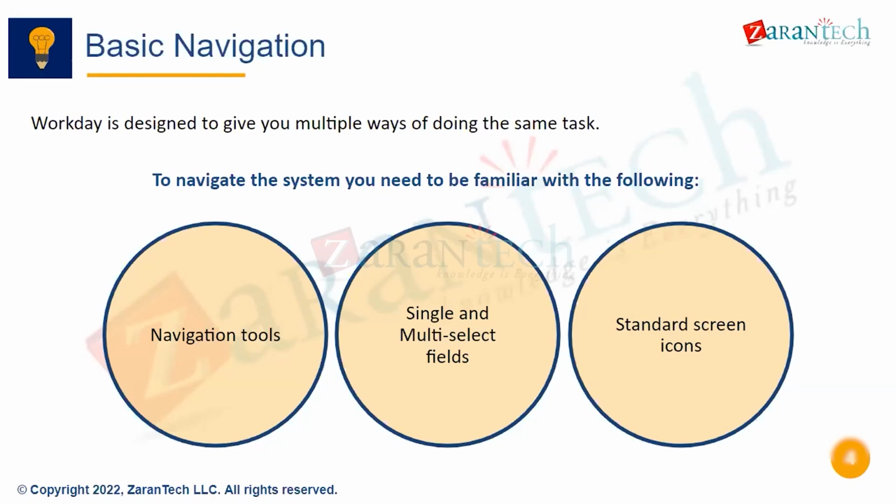If you want to see the custom reports which are there in the tenant, then you give view custom report. That is called a task. You want to hire somebody, then you just give hire. That is called a task. So whatever you want to do on the Workday tenant, that particular process or instruction which you give to the tenant is called a task.